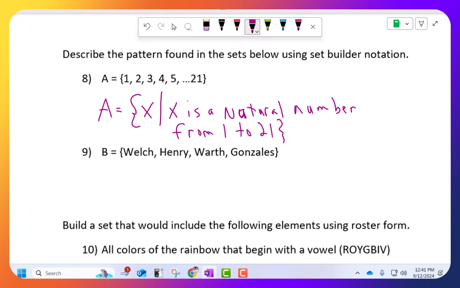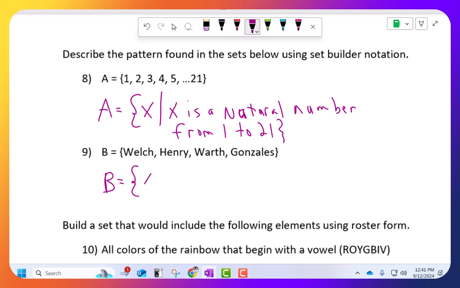On this next one, so notice right here, B equals, and then notice my set right here are the math teachers that are here at Kimberly High School.